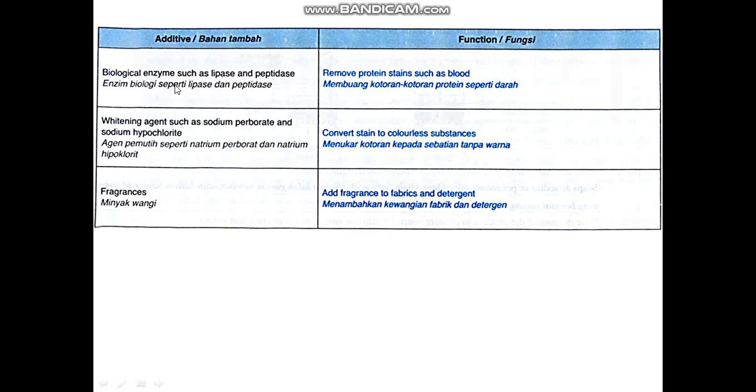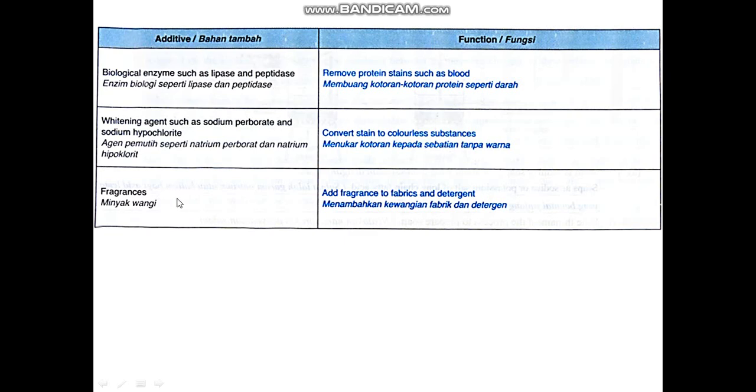Biological enzyme we can use to remove protein stains such as blood. And the next one, whitening agent. That means it must make our clothes look white. The whitening agent can convert the stain to a colorless substance, so our clothes become clean as new ones.